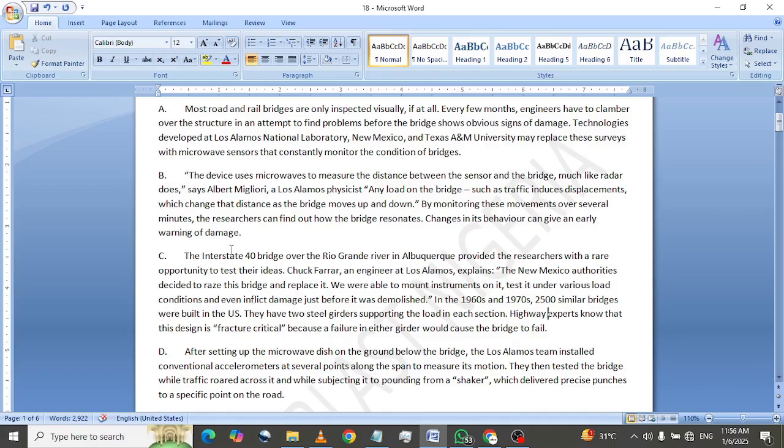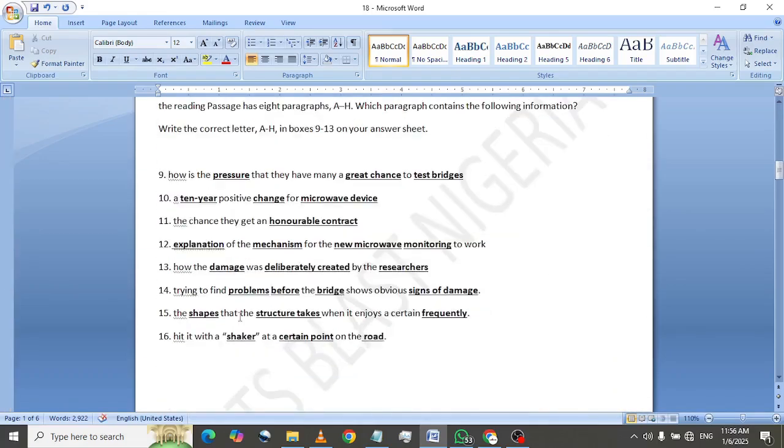So everything that we have read here relates to all the keywords in question 9. So the answer here will be C, because all this information is in that particular paragraph.